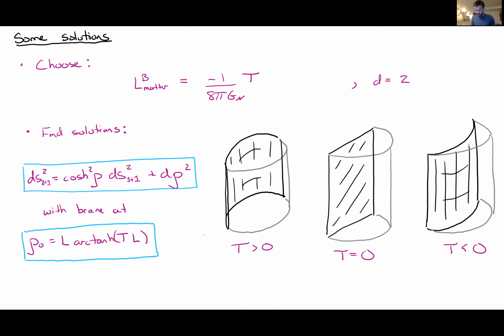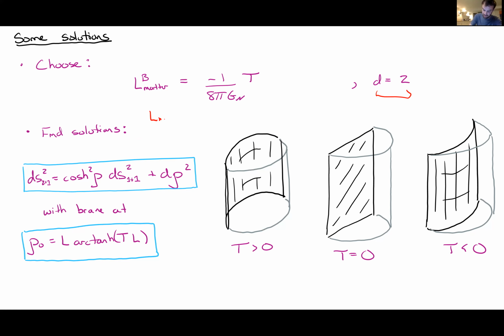Okay, good. So that's AdS BCFT, and then the solutions I'm actually going to use are the following. I'm going to work in d equals 2, or AdS 2 plus 1, and I'm going to take this simple choice for the matter Lagrangian on the brane, where I just have a constant tension, and I'm going to take pure AdS in the bulk.